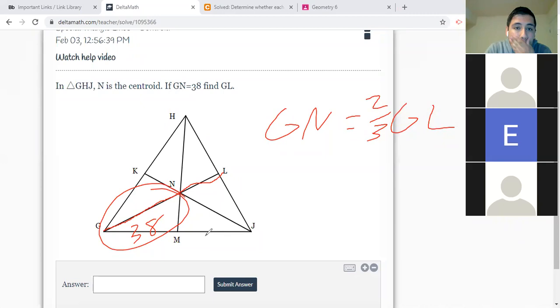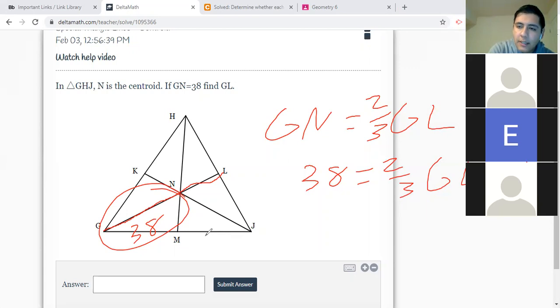2/3. So GN is equal to 38. And we're trying to solve GL. So again, the steps are always the same to solve this, right? So what would we do to solve this equation? Multiply the 2/3 on each side.